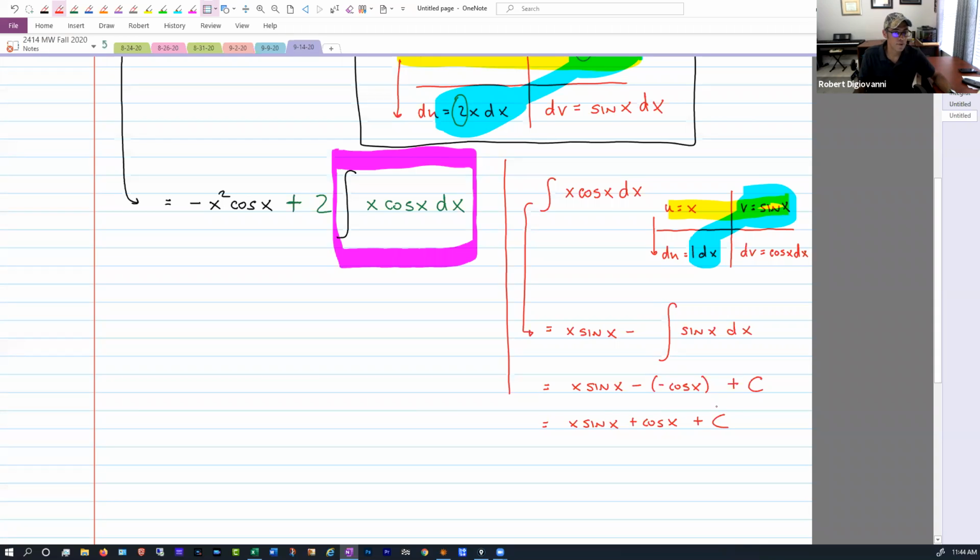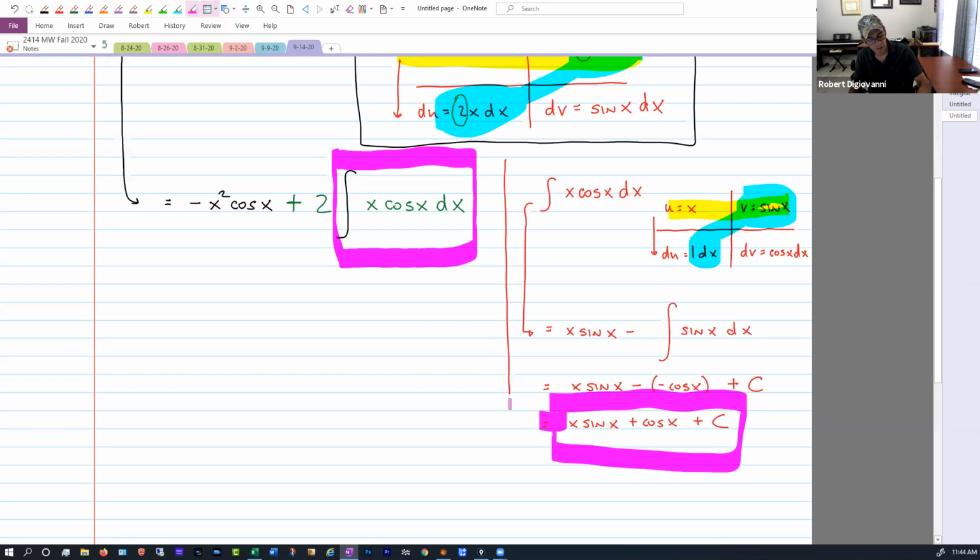All right, so are we ready for the final answer? We've got to take that answer and stick it right there. There's a 2 in front of it, isn't there? We've actually got to distribute a 2 through that.